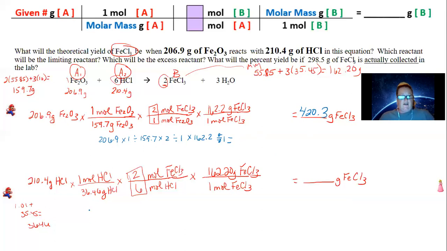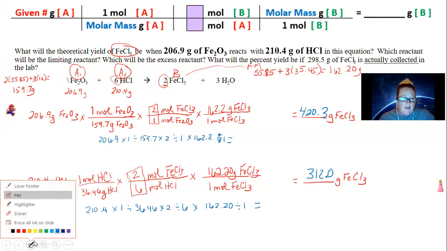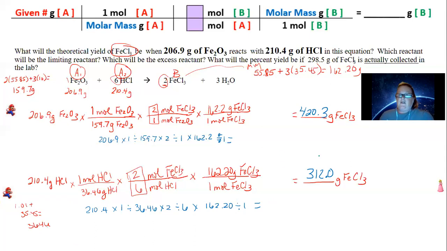For this calculation in the calculator, I have 210.4 times 1 divided by 36.46 times 2 divided by 6 times 162.20 divided by 1 equals, and that ends up being 312.0 grams of FeCl3. So what this means for us, this is the smaller number.